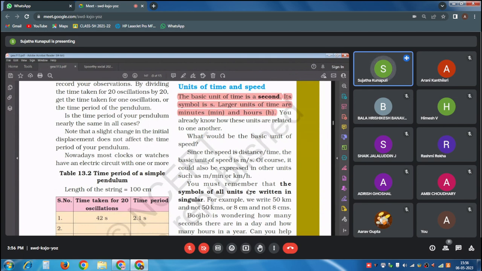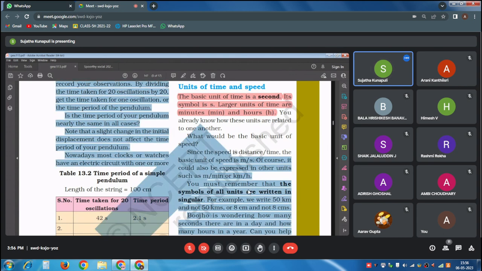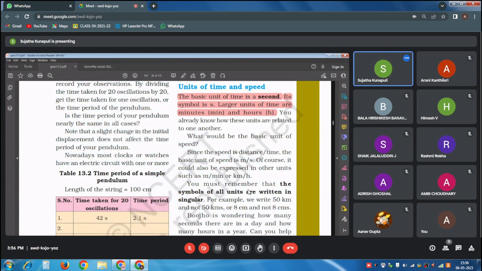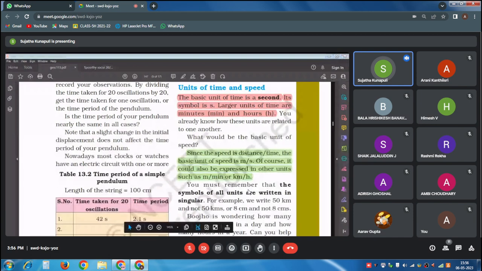The basic unit of speed is meter per second. Of course, it can also be expressed in other units such as meters per minute or kilometers per hour.